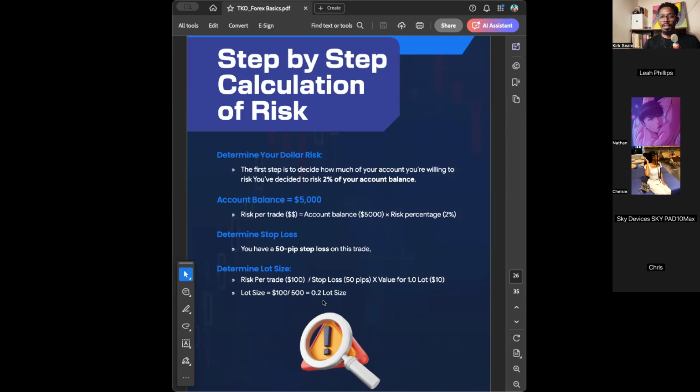All right, you should really have, let me type this up, your risk per trade. Just imagine, I'm going to draw a line here. Risk per trade over 30 multiplied by 10.